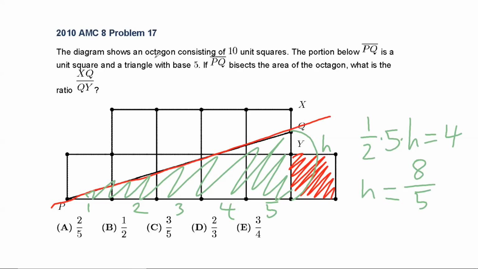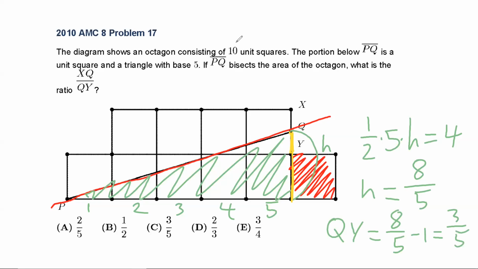So h consists of QY here plus this unit length. If we subtract the unit length of 1 away, then QY is equal to 8/5 minus 1, which is 3/5.